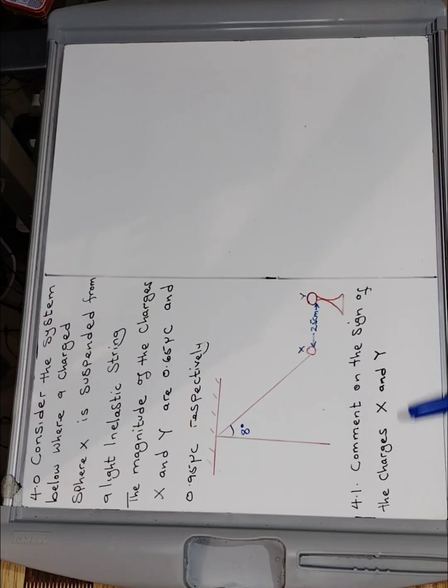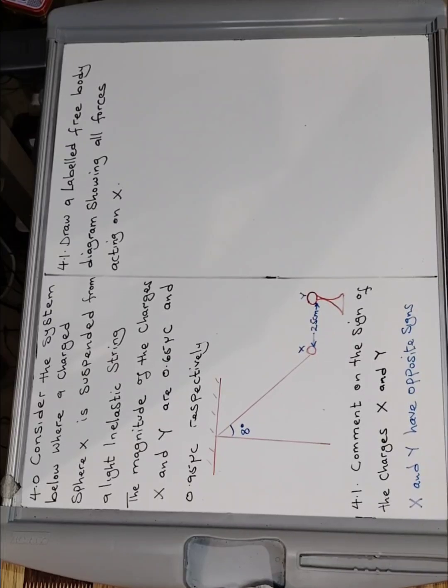What does attraction have to do with the signs? Attraction occurs between charges which are oppositely charged, or which have opposite signs. And that's the answer: X and Y have opposite signs. Thank you. Let's have that one.